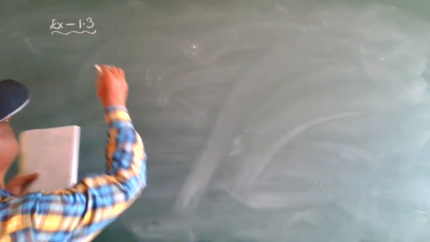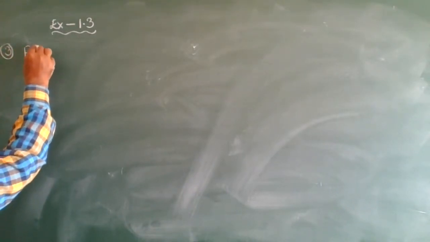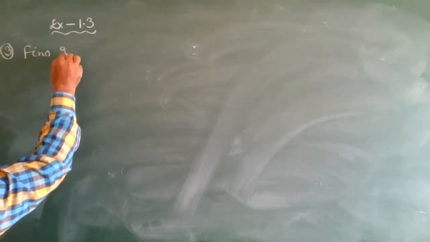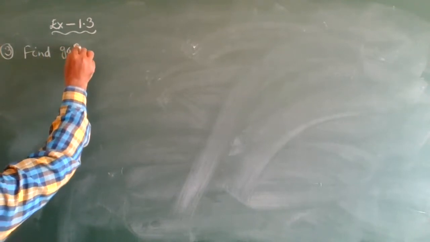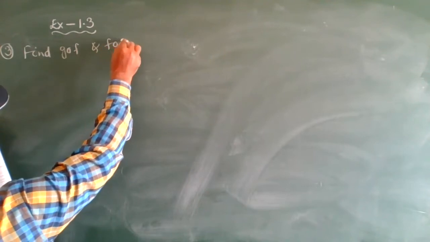Third problem is find g circle f and f circle g.